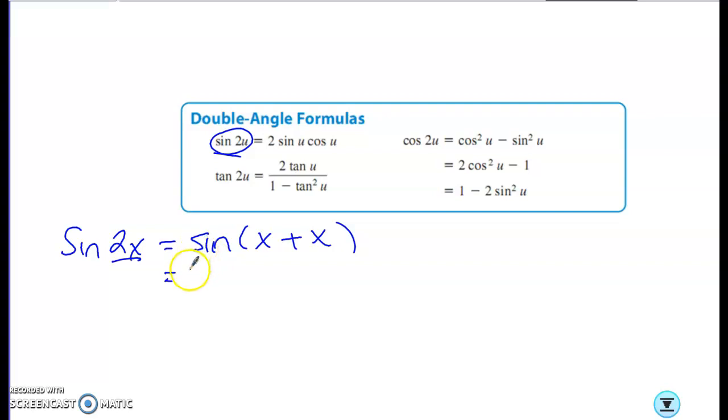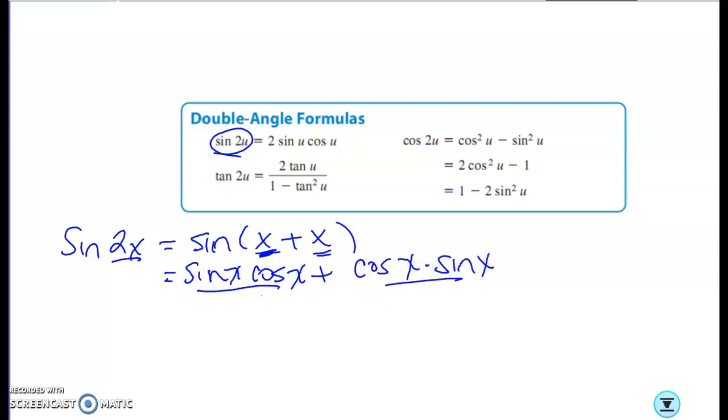If we expand this, we would get the sine of the first x times the cosine of this x plus the cosine of the first x times the sine of the second x. Well, both products are the exact same. It doesn't matter the order. So if you combine them, you have two of them. So 2 sine of x cosine of x is where this identity comes from.